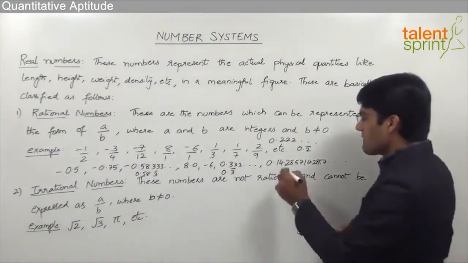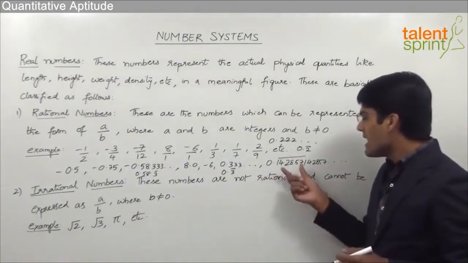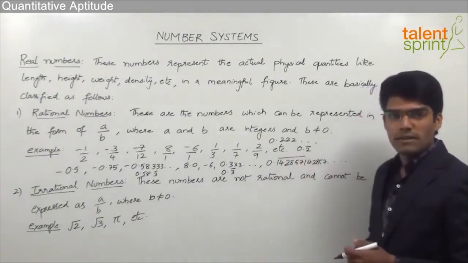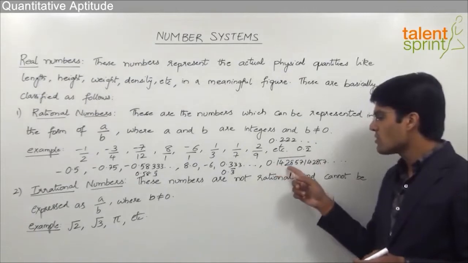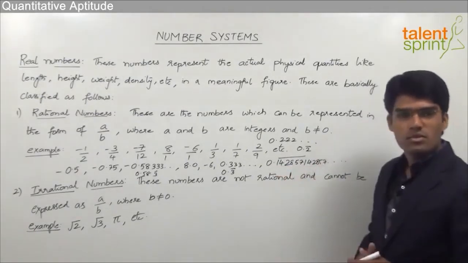And in this case we find that 142857, the set of these 6 digits, occurs again and again up to infinity. As you can see, this is 0.142857, 142857, and 142857, so on.